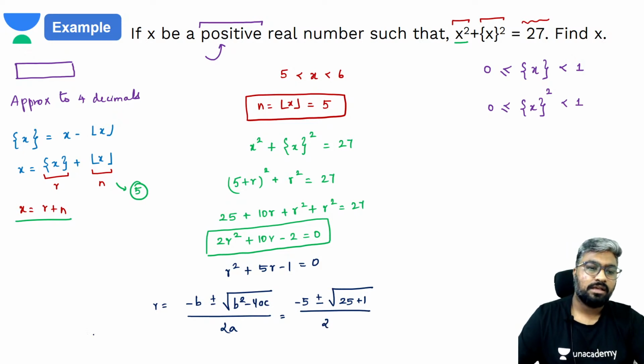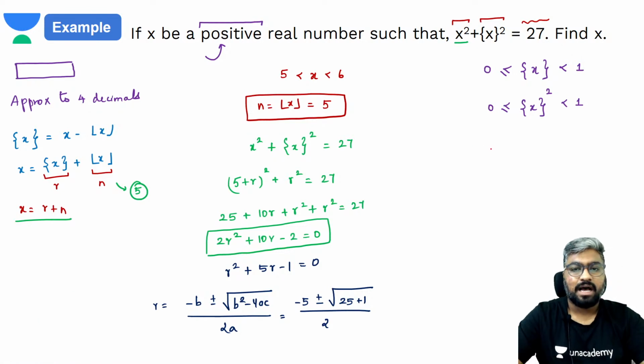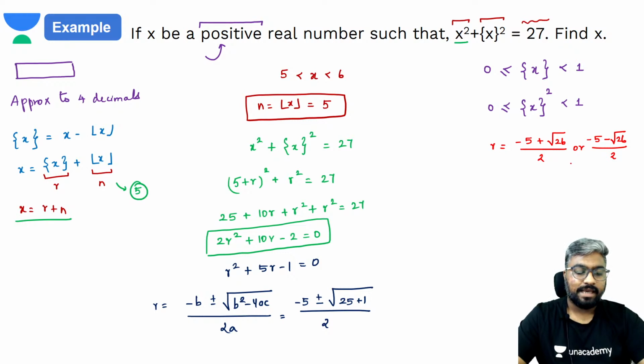So possible values of r could be minus 5 plus root 26 by 2 or minus 5 minus root 26 by 2. Make sense guys? Sorry, minus 4 times minus 1 gives plus 4, so this is not plus 1, this is plus 4, giving us root 29. Any doubts here guys? It is 29, sorry, my bad.